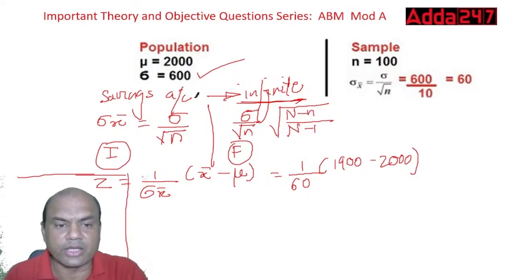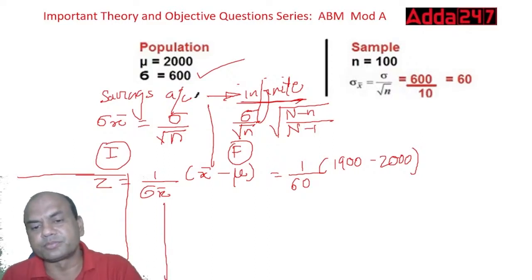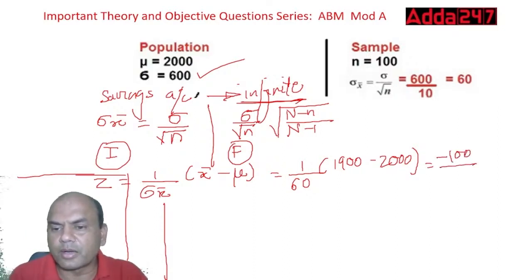Okay, so I'll draw a line over here now so that I won't write anything over here. So do it. Ignore the signs here. It is minus 100 upon 60. Minus sign is okay. You will take this as modulus. So it is 100 upon 60.